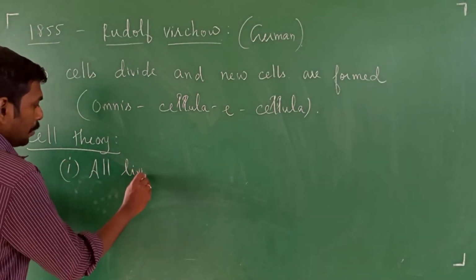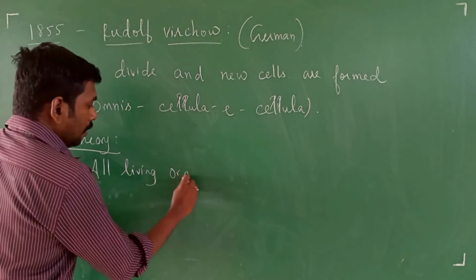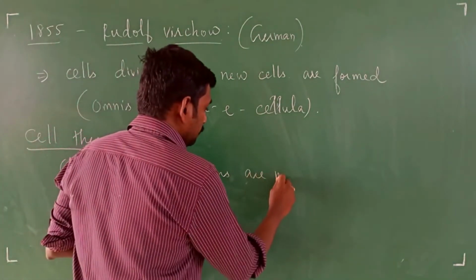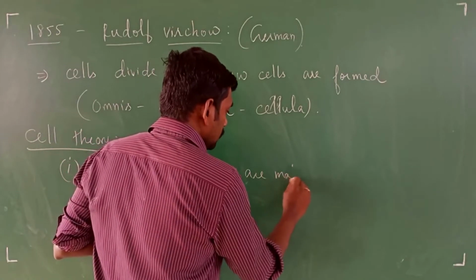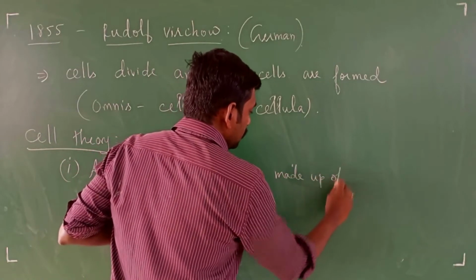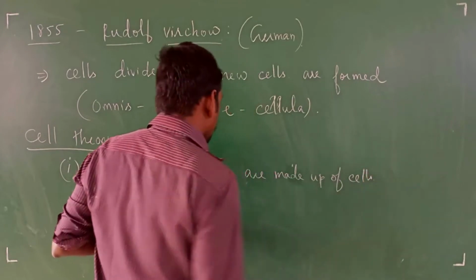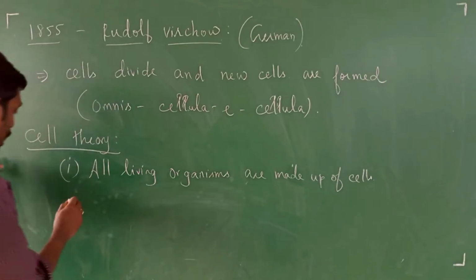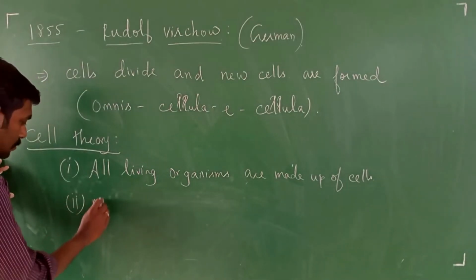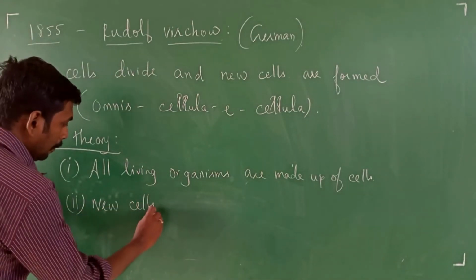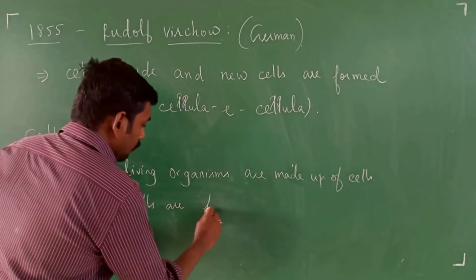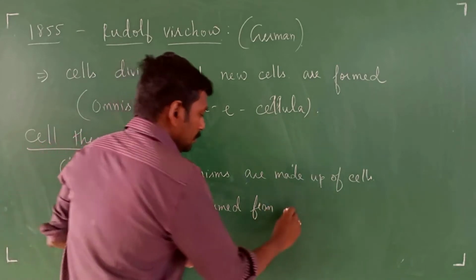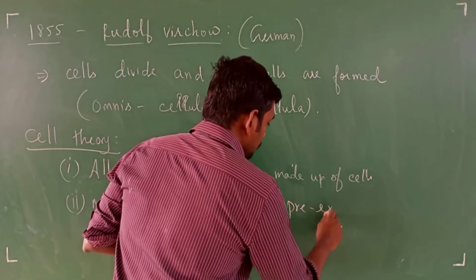All living organisms are made up of cells. As we know, the cell is the structural and functional unit of living organisms, and new cells are formed from pre-existing cells.